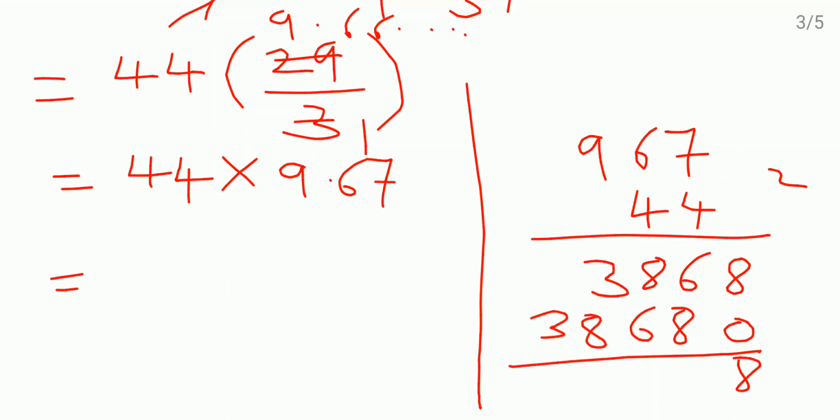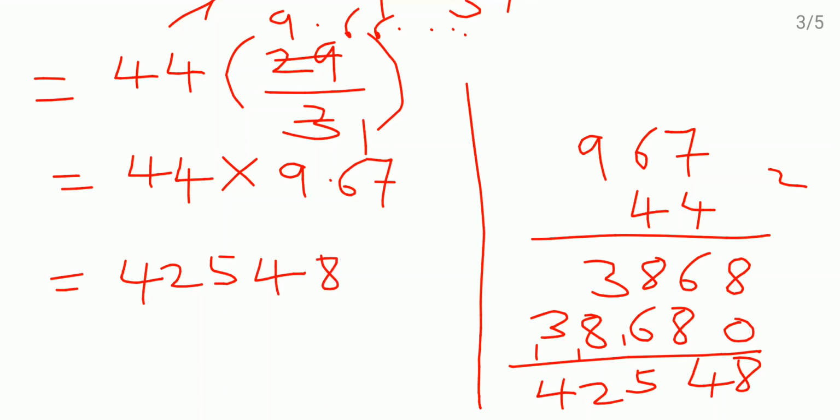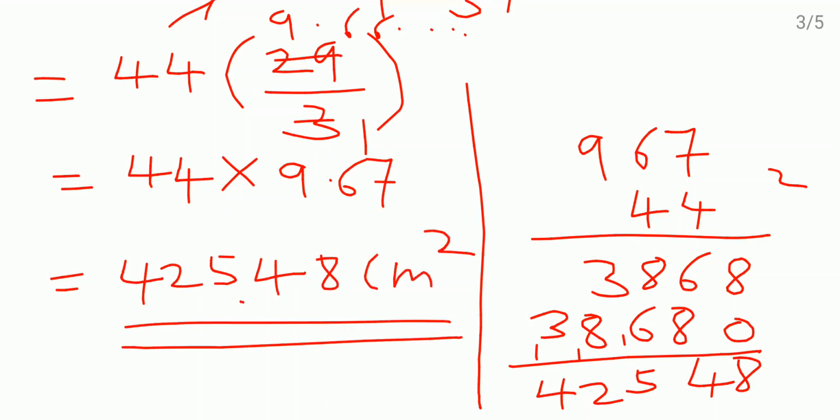So this 8 as it is, this is 14, 14 and 1 is 15, 1 carry, this one is 42, so 4258. With 2 decimal places, the point will come here. Correct? So this much centimeter square is the total surface area of the cylinder, that is 425.48 centimeter square. Right? Let us see the next question now.